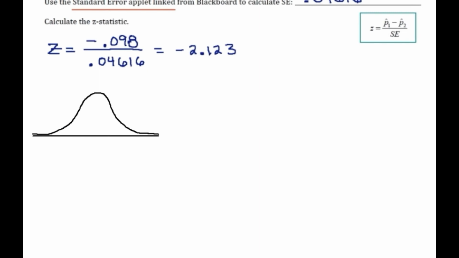To complete this hypothesis test, we will need to mark up a normal distribution curve and find a p-value and then state a conclusion. So we're looking at a z-score of negative 2.123, which, if we think of this standard normal distribution as being centered at 0, that would be a little bit more than 2 standard deviations to the left of the mean, which means we're getting definitely into the tail, but not really far into the tail.